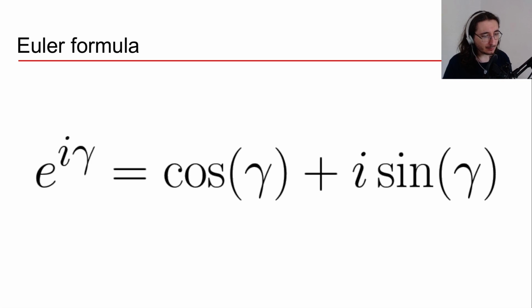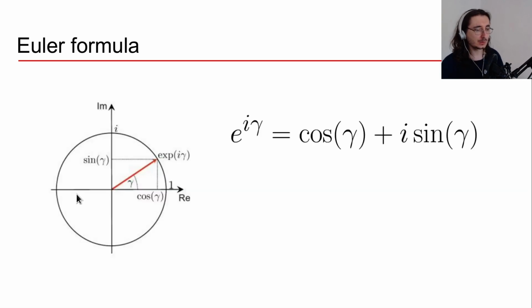Now, this is a very, very nice formula, and it's similar to our polar representation of the complex numbers. But let's try to visualize and understand what this exponential is on a plot.